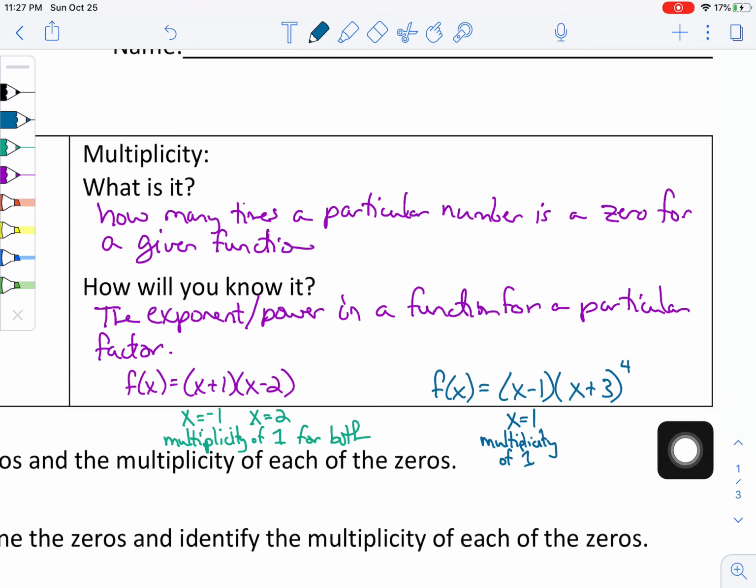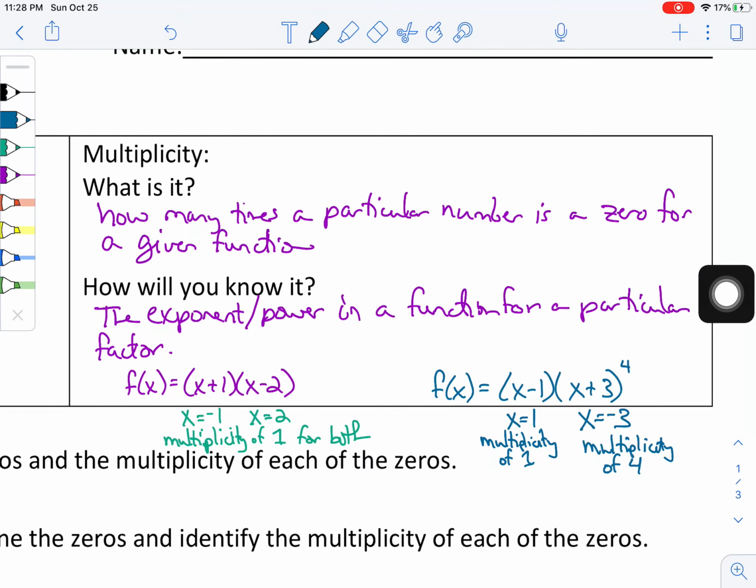X plus 3 would become x equals negative 3 as my zero, but this factor shows up 4 times. It has an exponent of 4, which means I would have x plus 3 times x plus 3 times x plus 3 times a 4th x plus 3. So that zero, x equals negative 3, has multiplicity of 4. Instead of writing out all 4 of them, we just say multiplicity of 4.